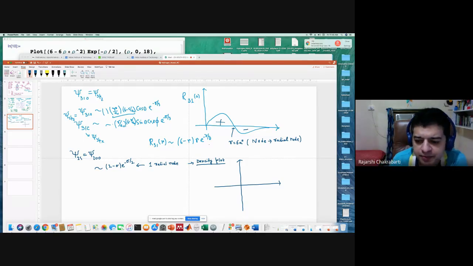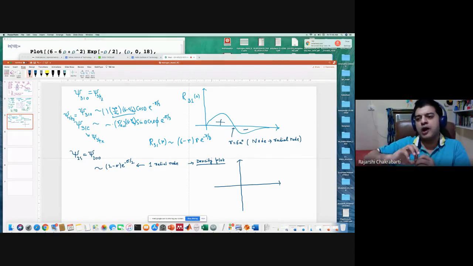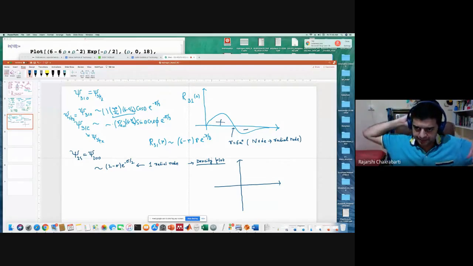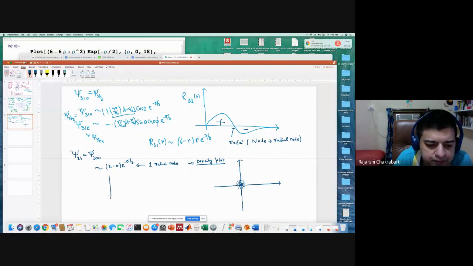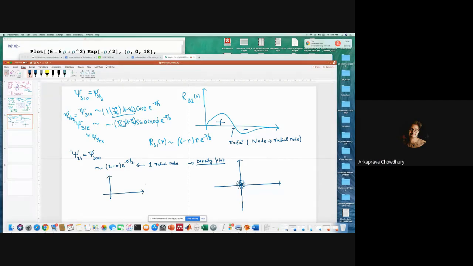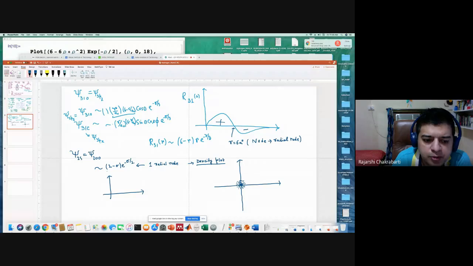So you remember the density plot for 1s was only a sphere. But as I go away from the center, your density will decrease, isn't it? So here, what is going to happen? Your density is very large at the center, and as you go away from the center, density is also going to decrease. Why? Because the exponential term is also there.